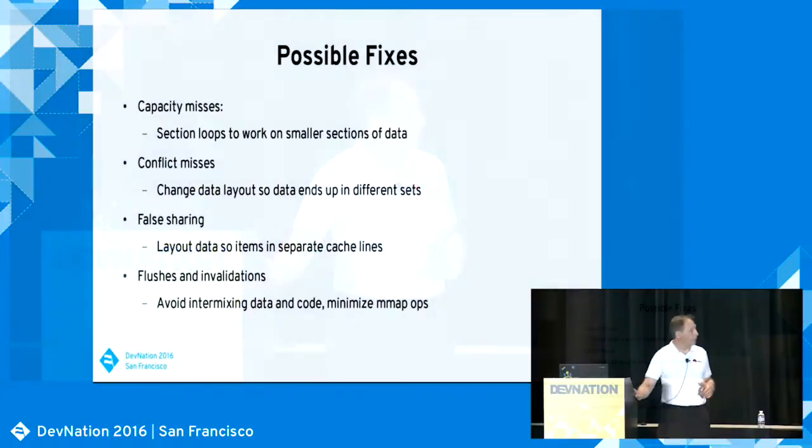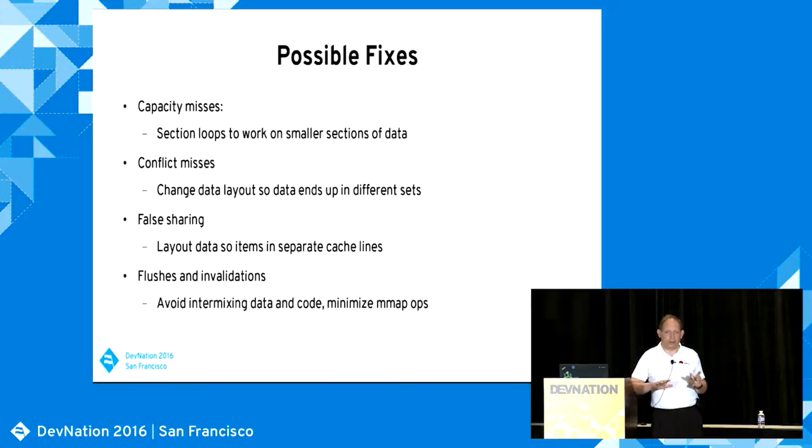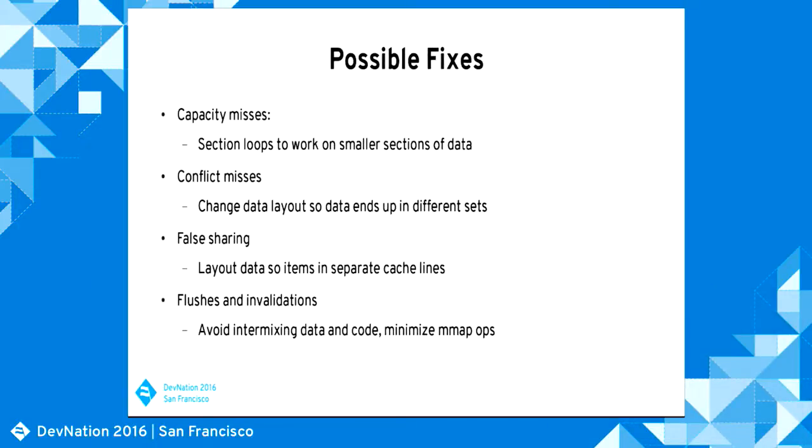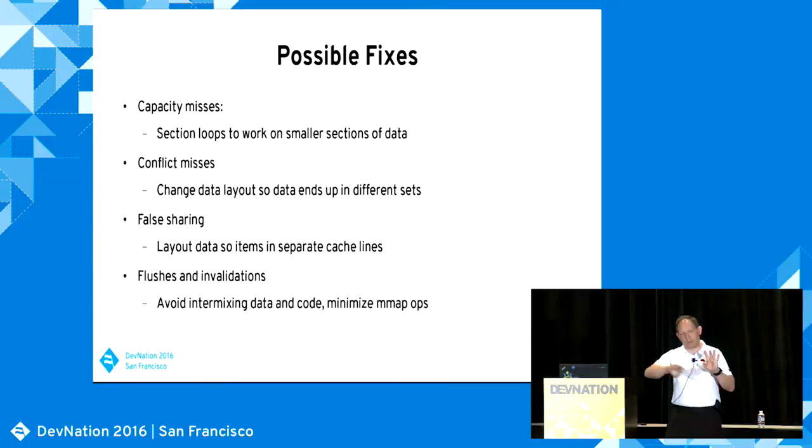Okay. So there are some approaches to fixing these problems. For capacity misses, rather than going through a huge array and doing one operation, let's say you have 4 steps you're doing in a very large array, and you do the first step through the whole array, then the second step through the whole array, then the third, and then the fourth.